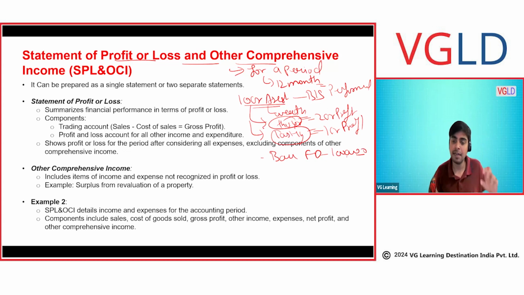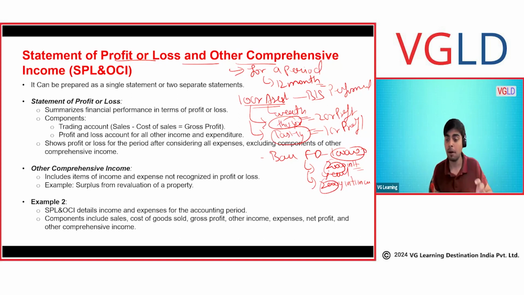Now the bank pays me, let's say, 20,000 as interest every year because I have deposited my money with the bank. So this 20,000 will be my profit for this year. Let's say this was 2021, this was 2022.